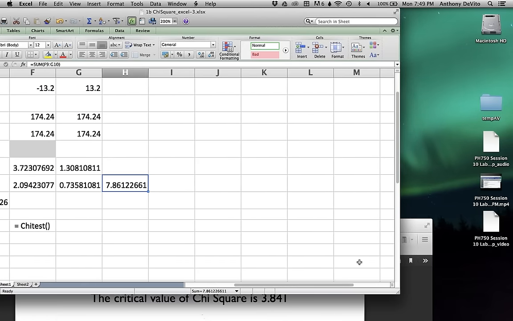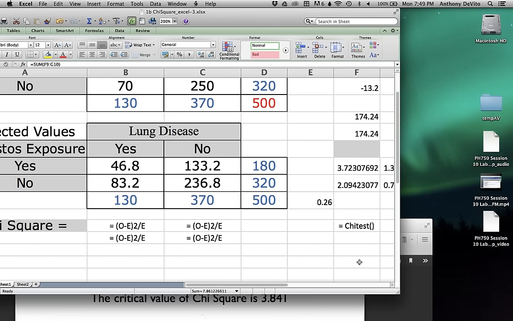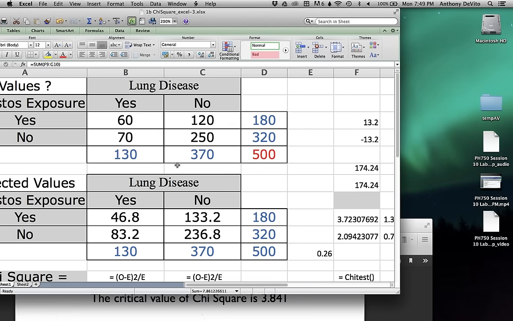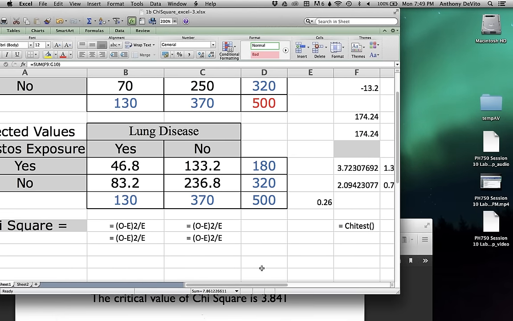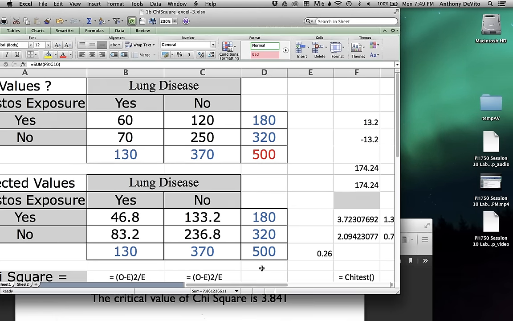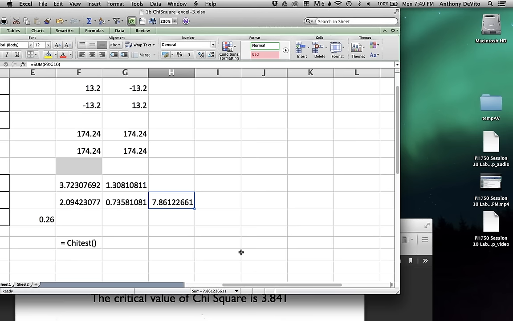It was 7.86, right? So our null hypothesis is that there's no association between asbestos and lung disease. Our alternative hypothesis is that there is an association. Since for 1 degree of freedom the critical value is 3.84, and we calculated 7.86, do we reject our null hypothesis?